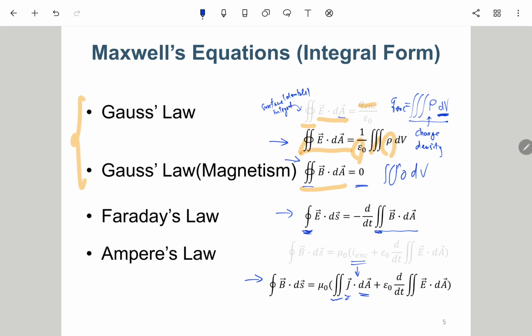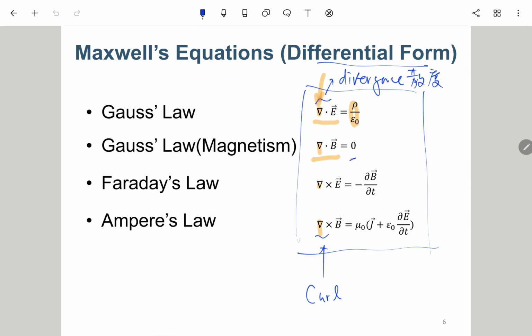Integrating a 0 over and over again is still a 0. So you can see the similarity: on the right side, we only have the 0.